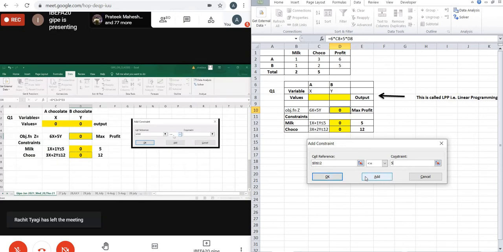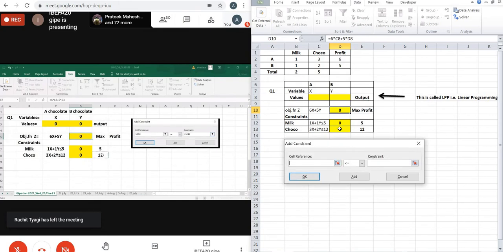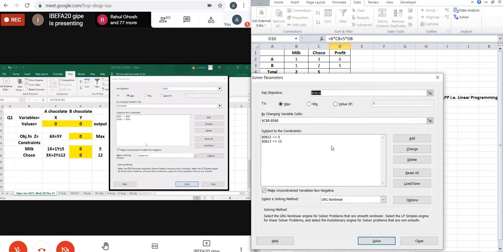D8 less than or equal to 12. Both x and y are non-negative.